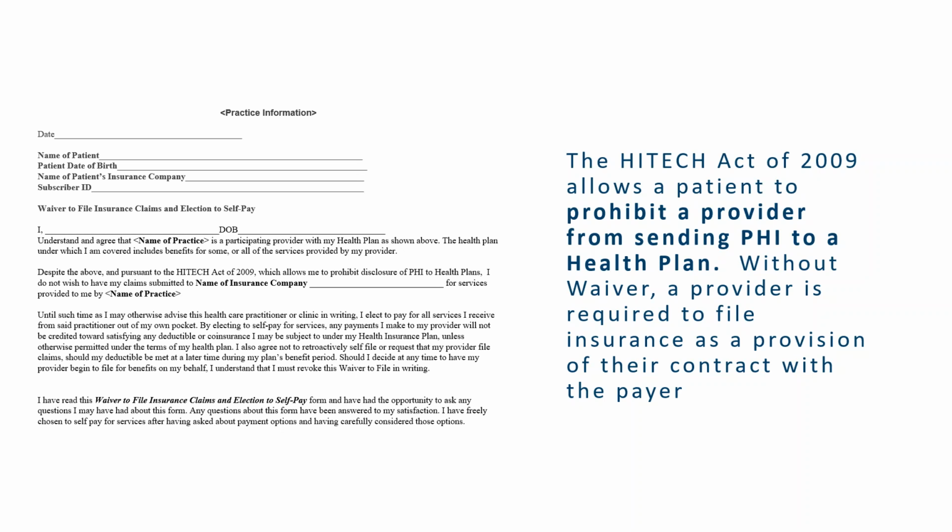The waiver also should state that the patient has had an opportunity to ask any questions that they may have about the waiver. That's very important as well, and that they completely understand the ramifications of the insurance waiver.